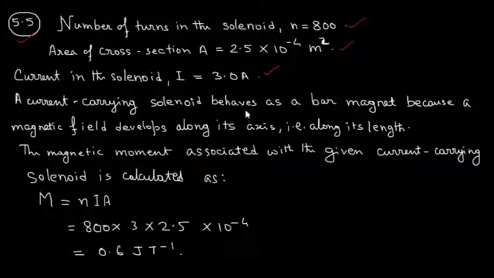A current carrying solenoid behaves as a bar magnet because a magnetic field develops along its axis, that is, along its length. The magnetic moment associated with the given current carrying solenoid is calculated as M = nIA, that is equal to 800 × 3 × 2.5 × 10^-4, which is equal to 0.6 J/T.